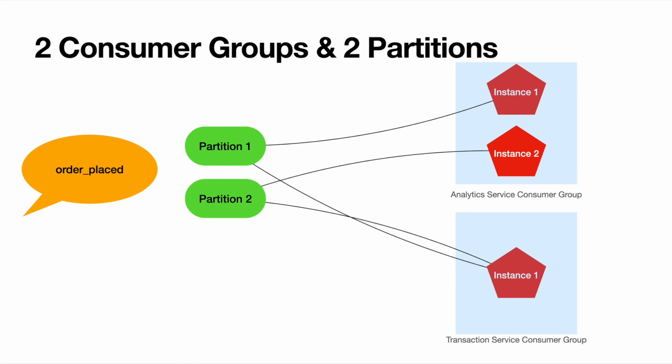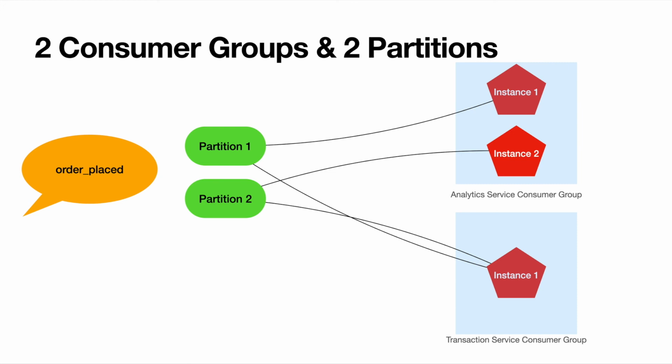Because of that, the analytics service, which has 2 instances, can read independently from partition 1 and 2. So instance 1 is reading from partition 1, instance 2 is reading from partition 2. But the transaction service, which has just 1 consumer in that group, can read from both partition 1 and 2, because there is only 1.